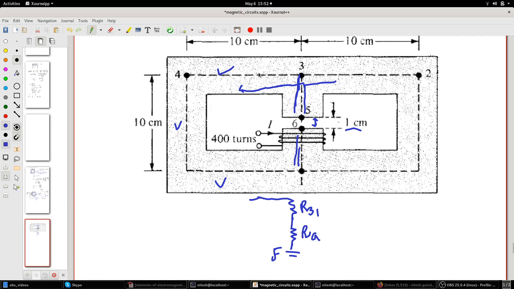I have my lengths, 10 plus 10, 20 plus 30. I know my mu, and I know S is the cross-sectional area.